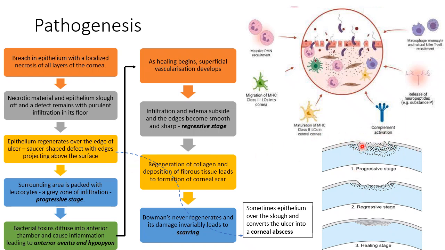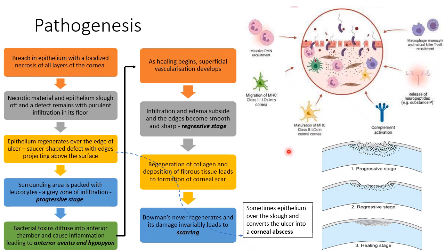And this one would stain positively with fluorescein, this part over here where there is no epithelium, and the surrounding unstained area would appear grayish because that's all the infiltrate that has accumulated there. So this is about the progressive stage, right? A part of the epithelium and the superficial stroma is sloughed off, and necrotic material is present in the base of a saucer-shaped cavity along with the surrounding infiltration. Progressive stage.